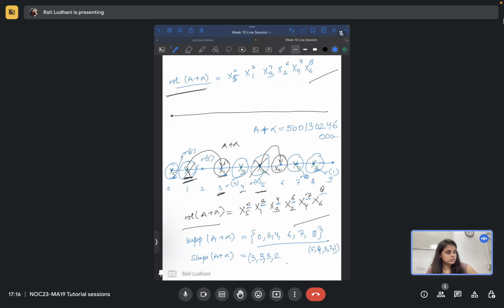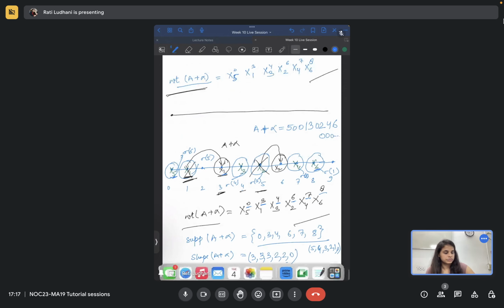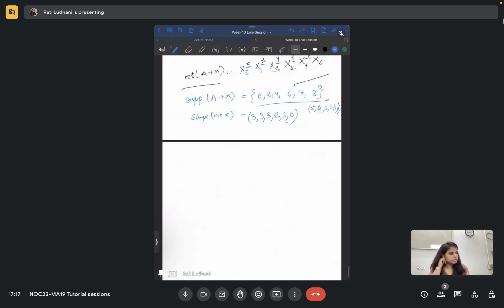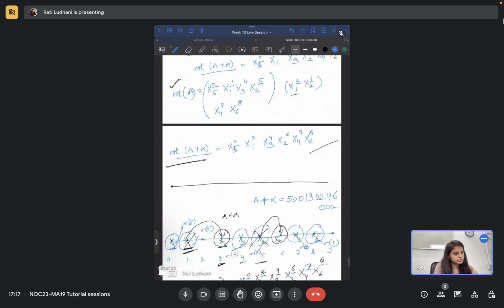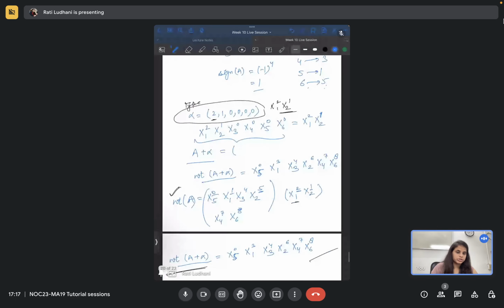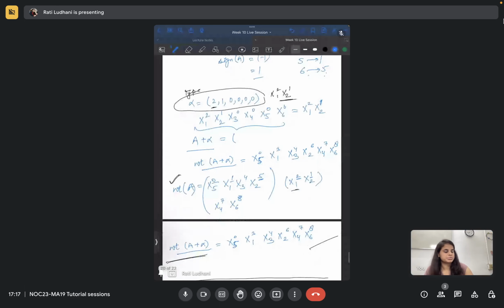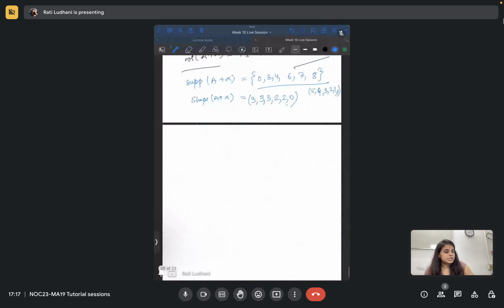Sorry, 0 is also there. You always forget. So this is 0. 3 minus 1 is 2, and this is 0. So as you can see, the shape has now changed. Earlier it was 0 0 in the end. Now we have multiplied something, so it should be bigger. So this is bigger. Now shape is this.